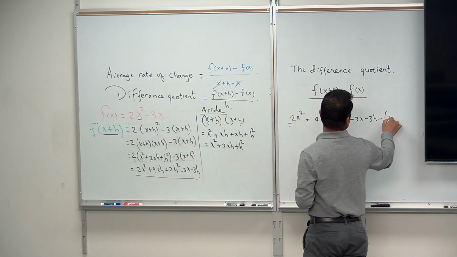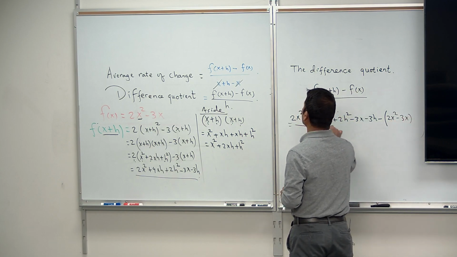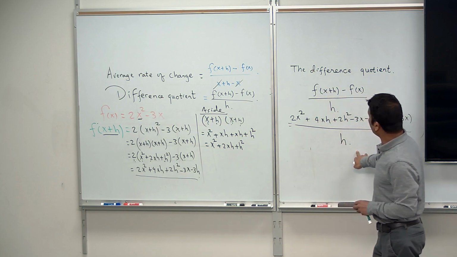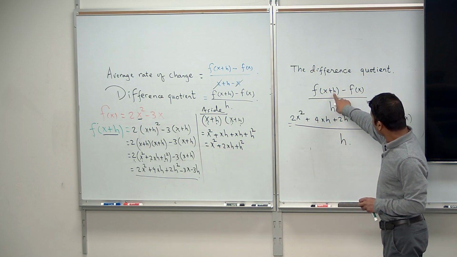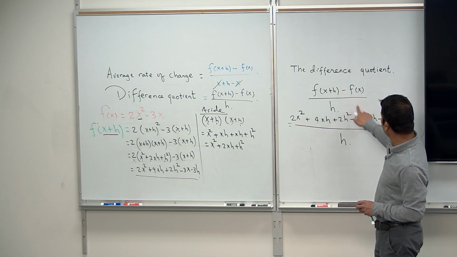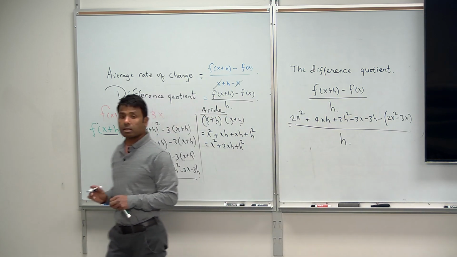Yes, 2x squared minus 3x over what? h, this h. Are you with me? Take f of x plus h up to here, and this minus from here, and f of x is given as 2x squared minus 3x.